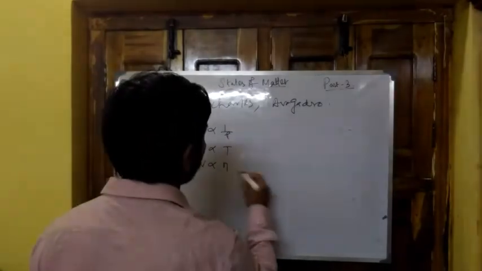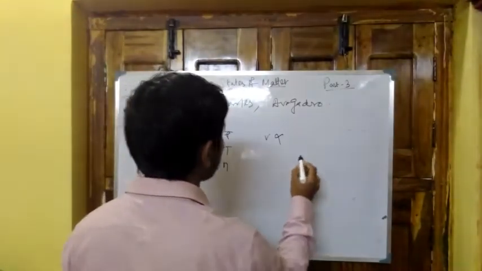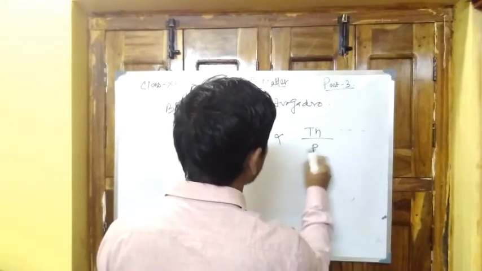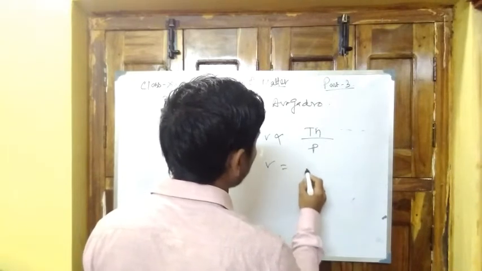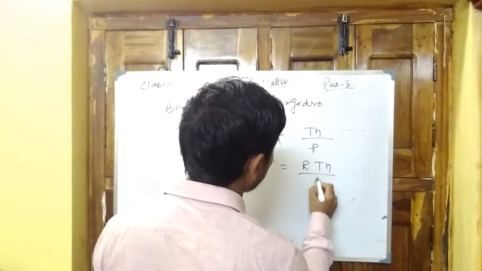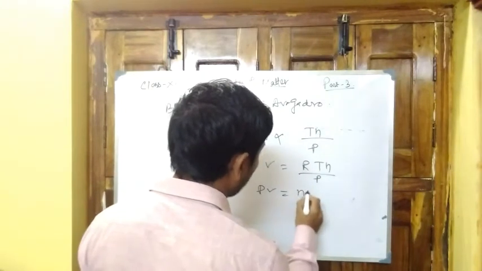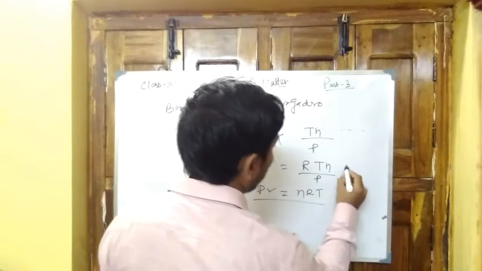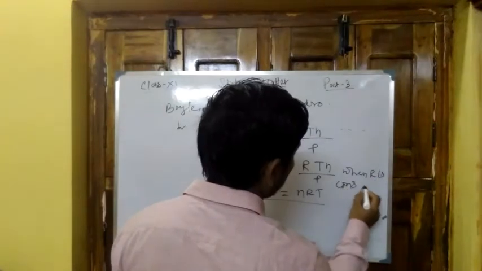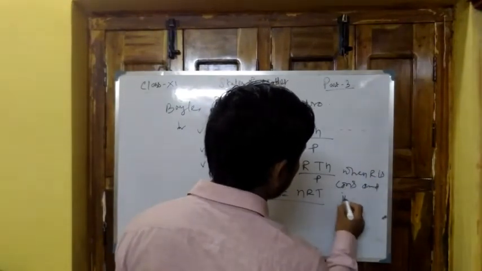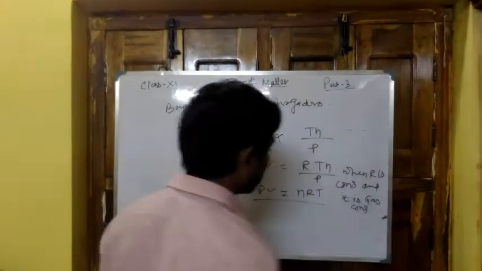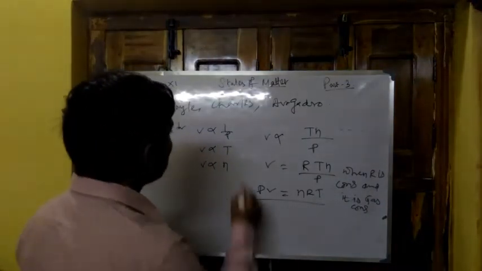Now, when all these parameters are changed, we get V varies as nT by P. So V is equal to a factor R times nT by P. So PV equals nRT, where R is a constant, and it is the gas constant. So PV equals nRT.